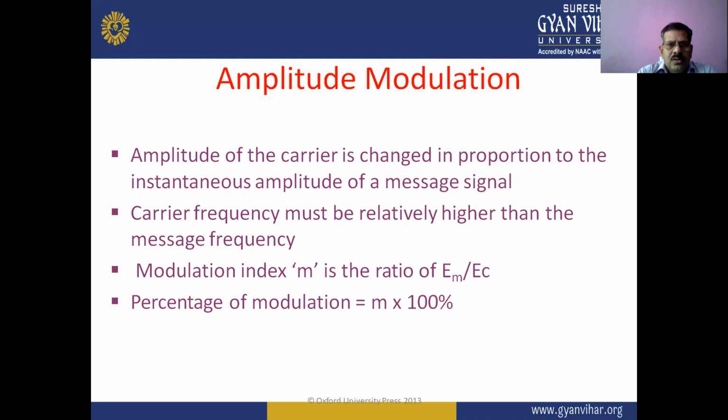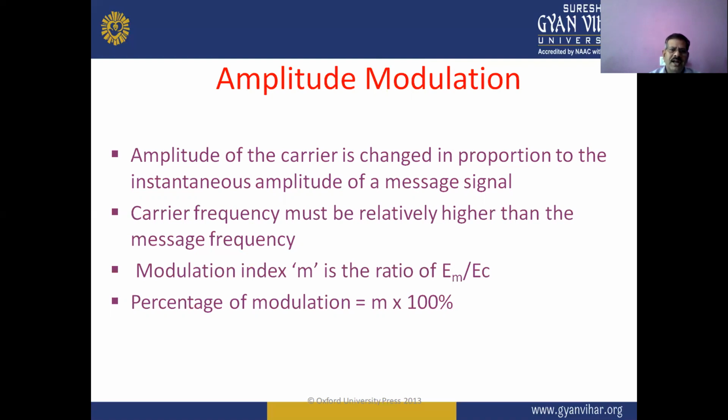So now we will discuss amplitude modulation, or AM modulation. The amplitude of the carrier is changed in proportion to the instantaneous amplitude of the message signal. And the carrier frequency must be relatively higher than the message frequency in an amplitude modulation system.